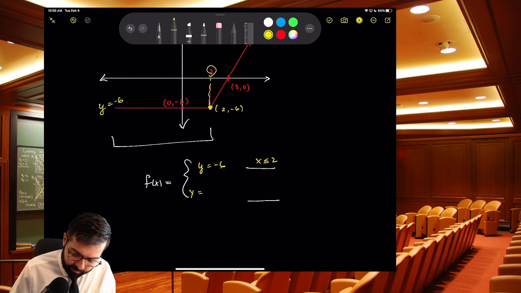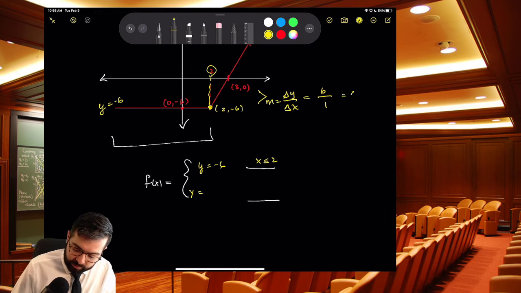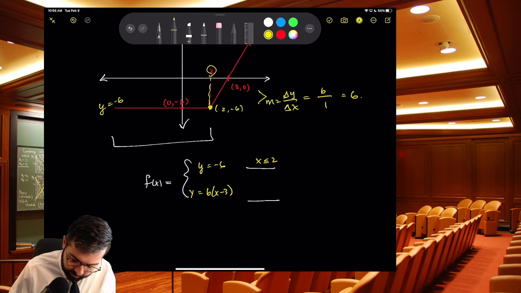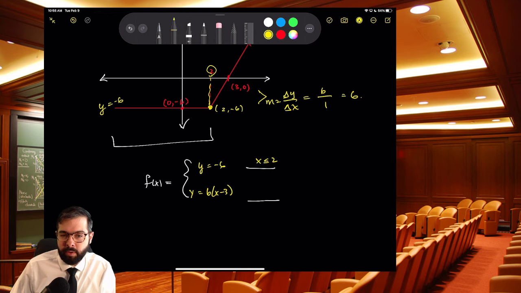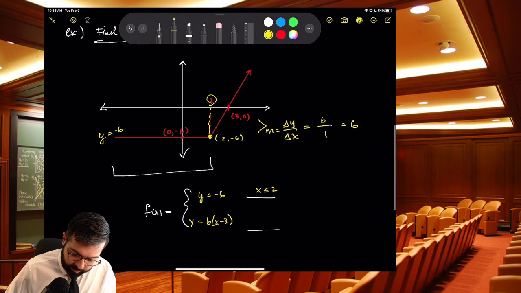The slope between these two is what we need. So that's delta y over delta x. The change in y is upwards of 6 over a change of 1 in the x direction. That's a slope of 6. So this is really y equals 6 times x minus 3 if I use point slope form here.